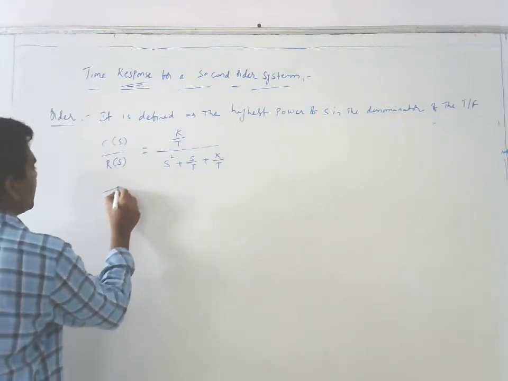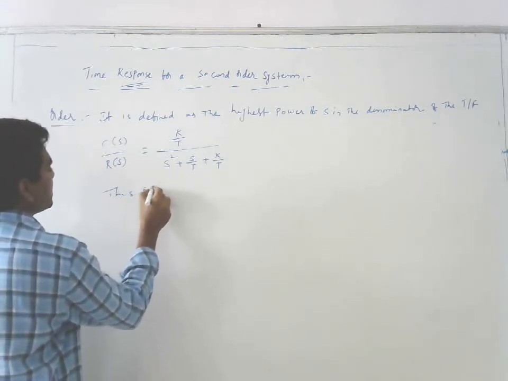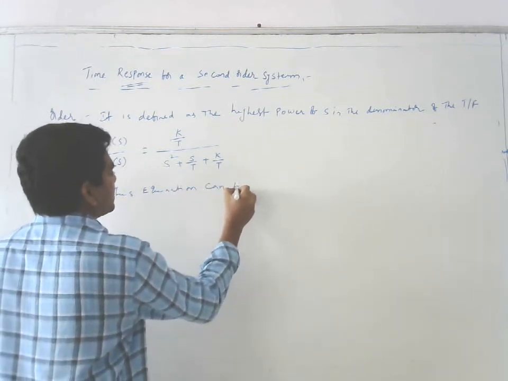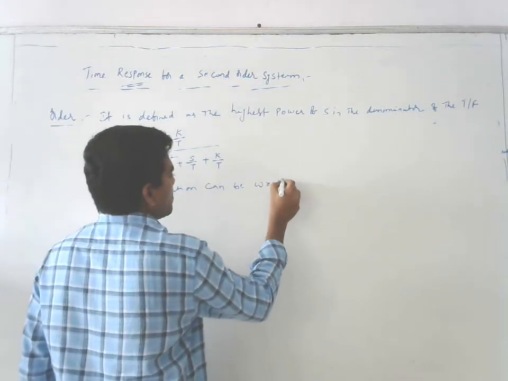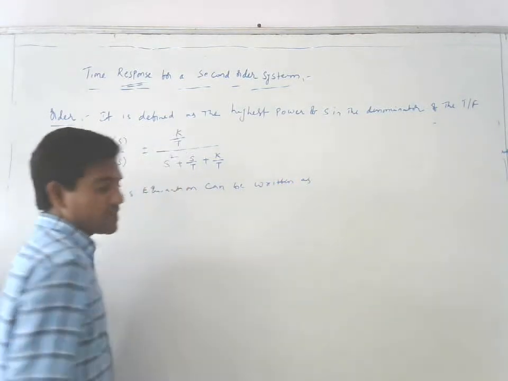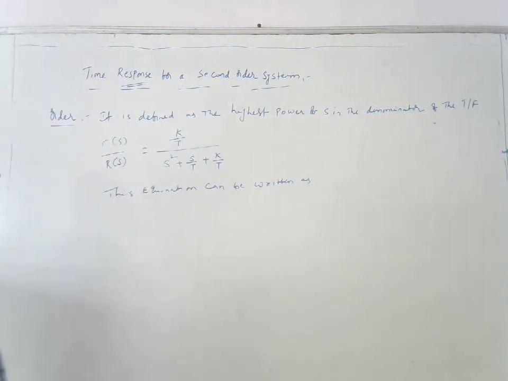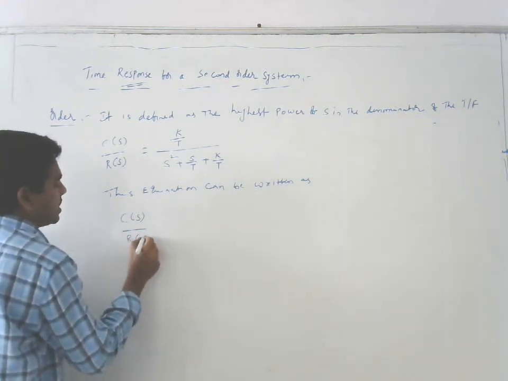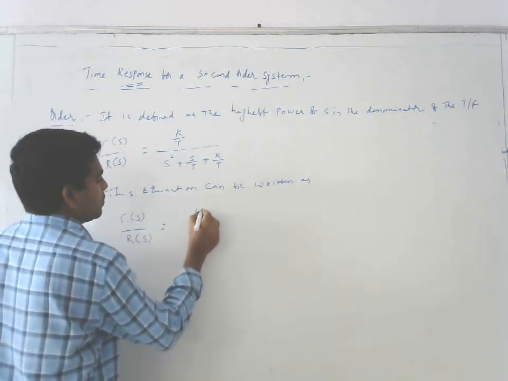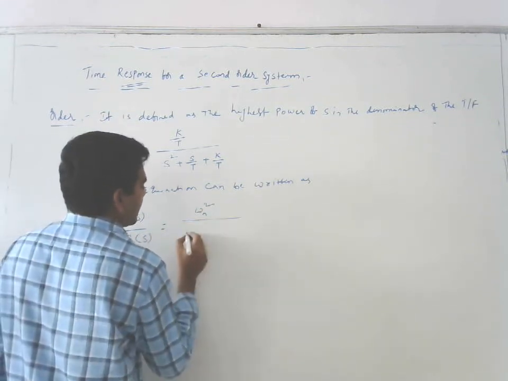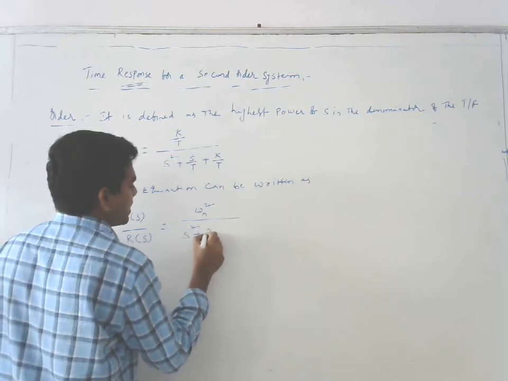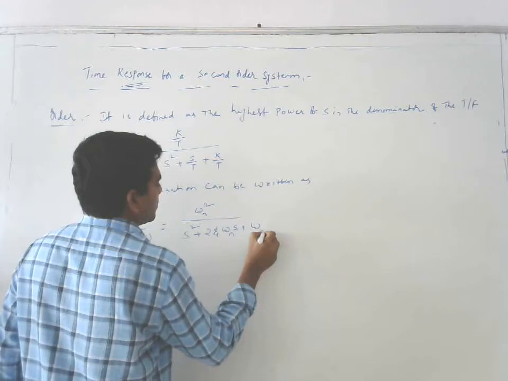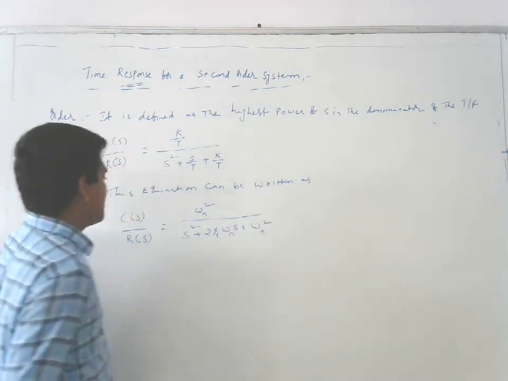This equation can be written as C of S by R of S is equal to omega n square, whole divided by S square plus 2 zeta omega n S plus omega n square.